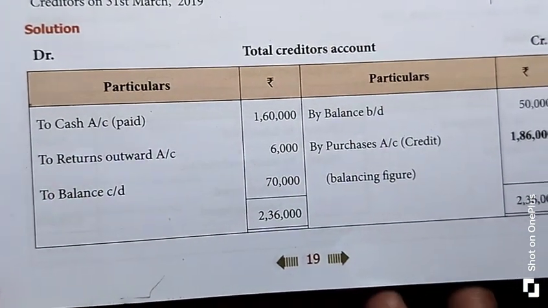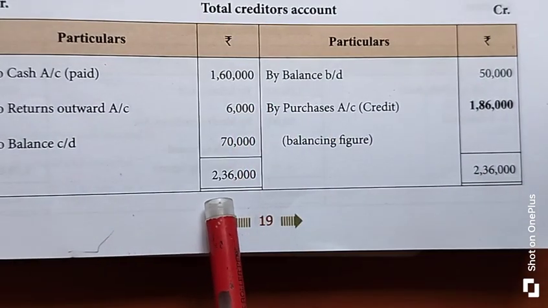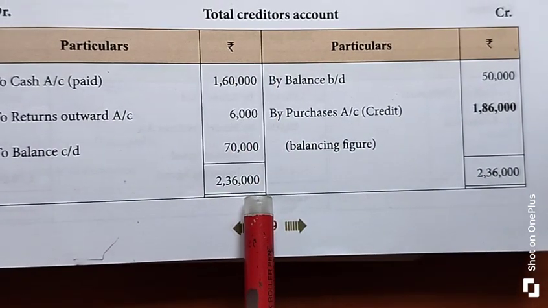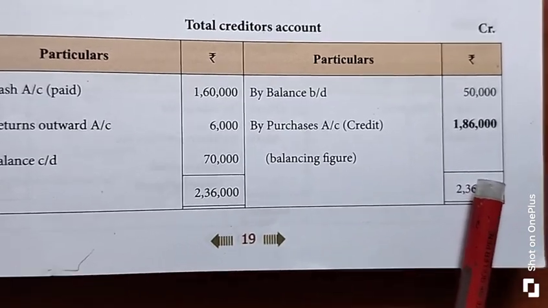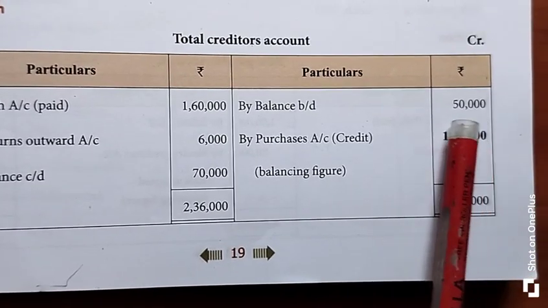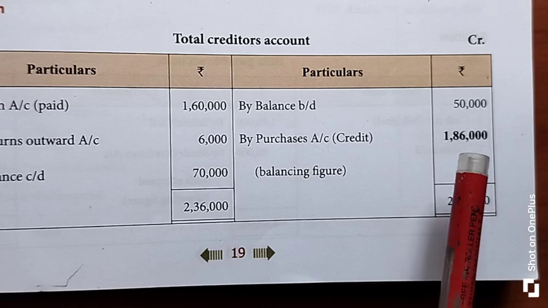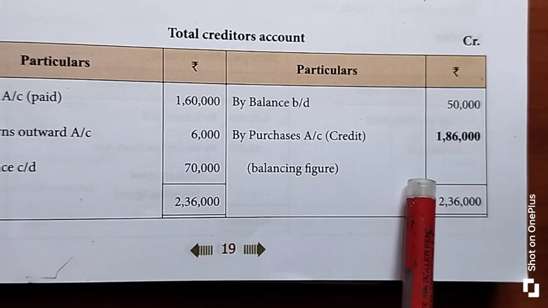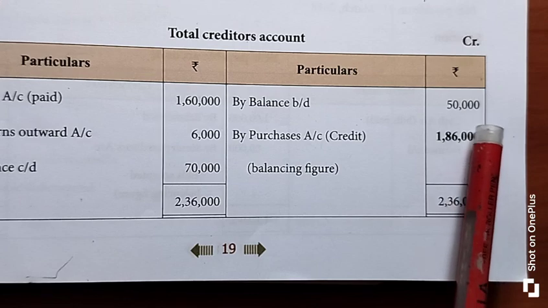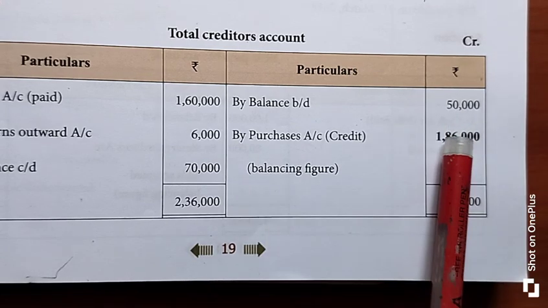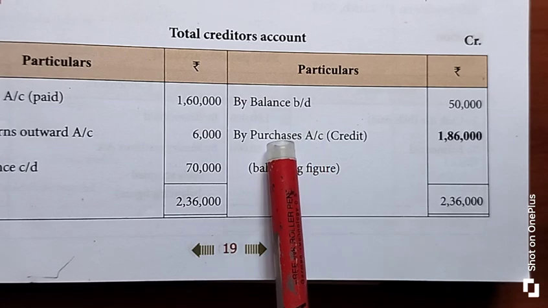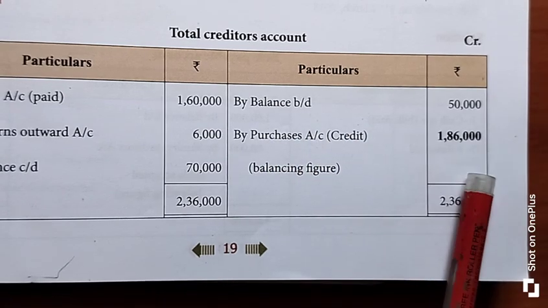Then you get the total on the debit side, since it has the higher value, 2,36,000. You enter it on both sides and find the difference. For that you subtract 50,000 from the total 2,36,000, and you will get 1,86,000. This is the balancing figure. So the credit purchases is 1,86,000. Thank you.